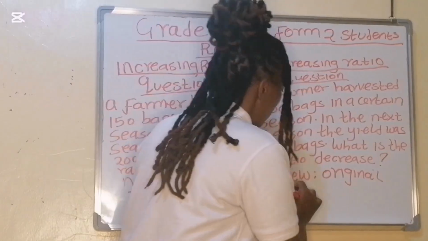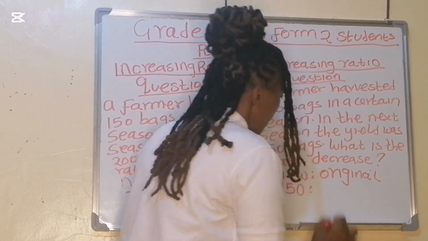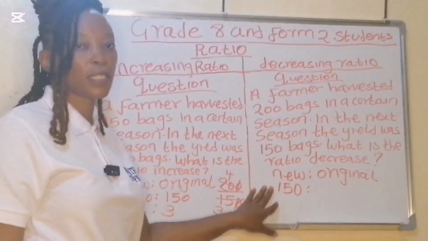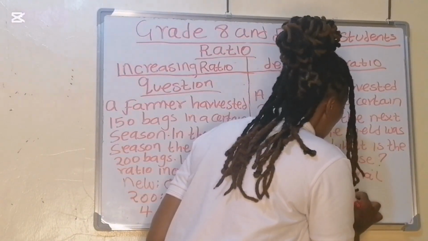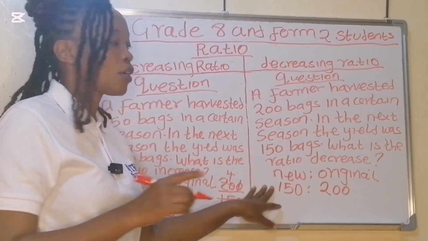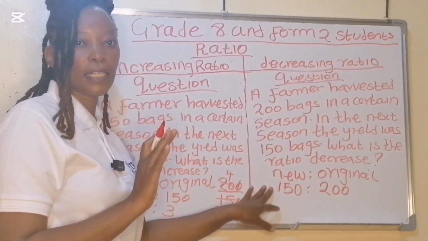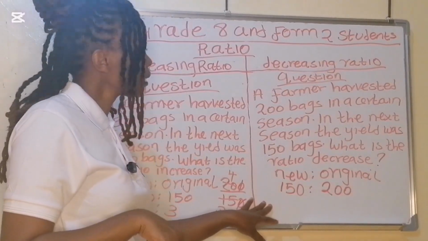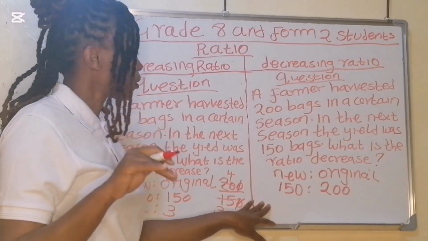So the new is 150. Then the original is 200. I want you to understand the concept of starting with the new, then original. If you understand that, any question on increasing and decreasing ratio, you will get the correct answer.